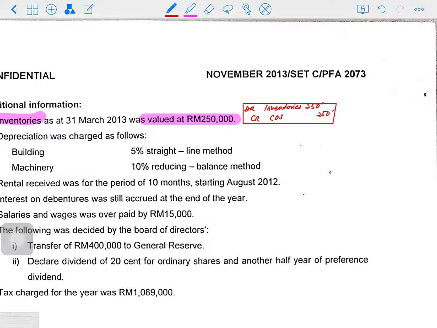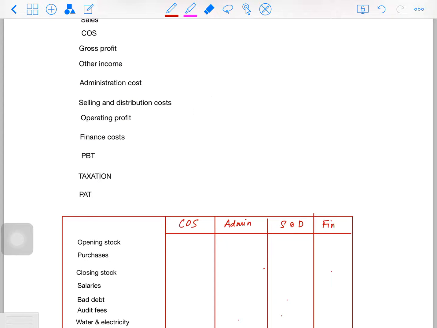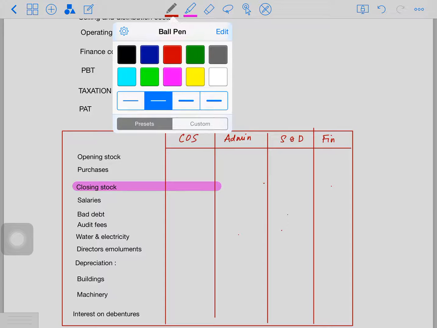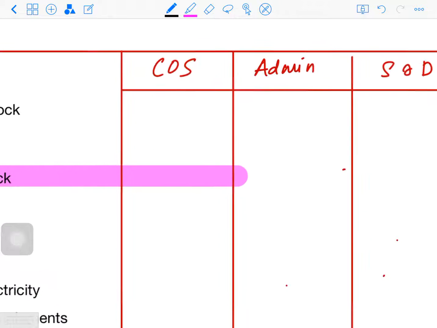Then you need to put into your cost of sales a credit of 250,000.